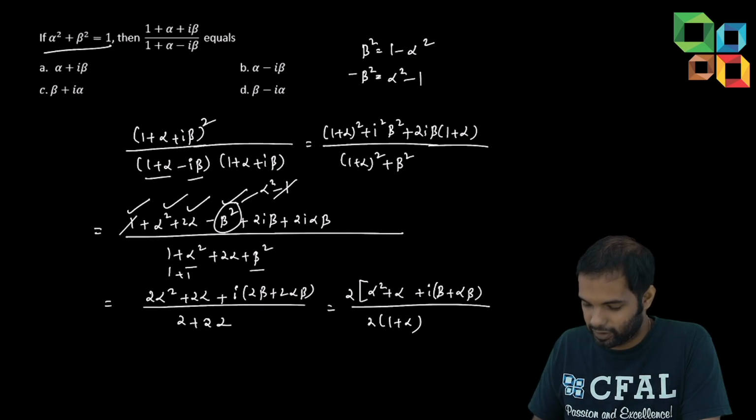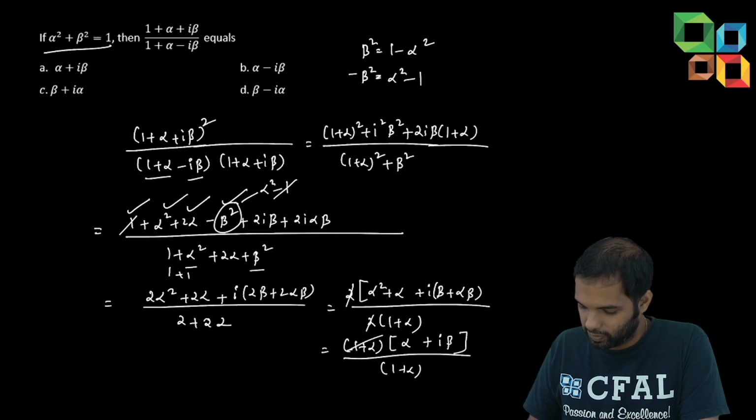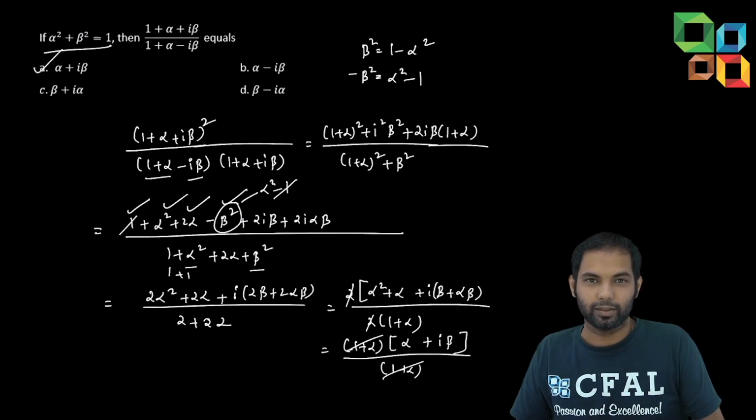Again, 1 plus α is common everywhere. If you remove 1 plus α as common, you can see what remains. Here it is α into (1 plus α) plus iβ into (1 plus α). Correct. These two will get cancelled. What remains is α plus iβ, which is option A.